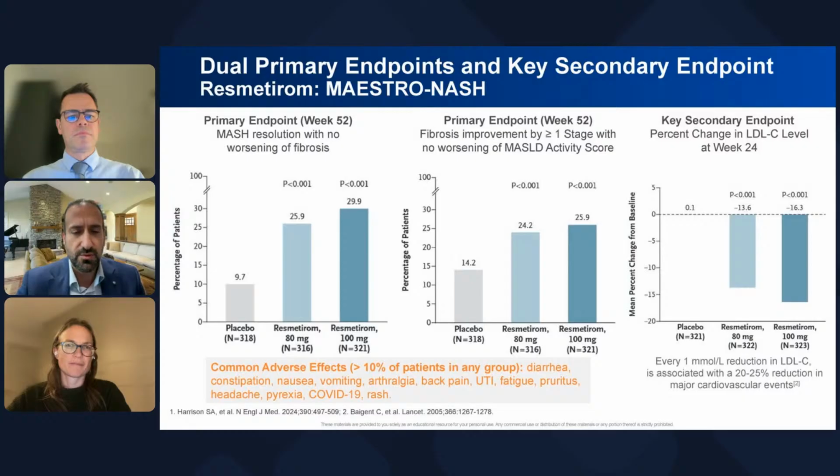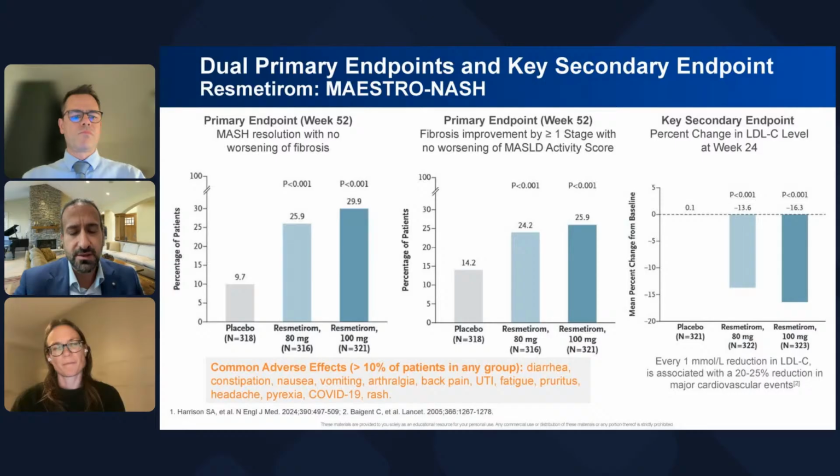Of course, the approval was based on the MAESTRO-NASH trial that randomized 966 patients with MASH and fibrosis, non-cirrhotics, as you said, to resmetirom 2 doses versus placebo, and the trial achieved both primary endpoints on MASH resolution and fibrosis improvement. These patients were treated for 52 weeks, so just 1 year, and the delta on fibrosis from placebo was around 12%, and this is reversing the disease.